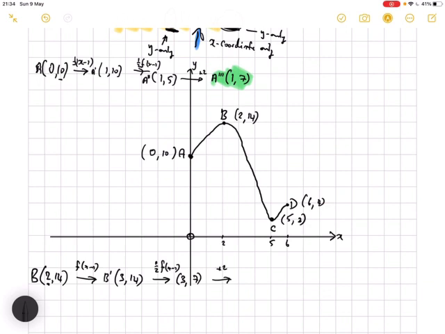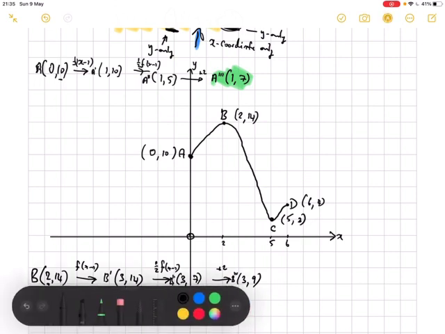So if we add the plus 2 to the y, we get 3, 9. So this was B dash, this here is B double dash, and this is B triple dash.